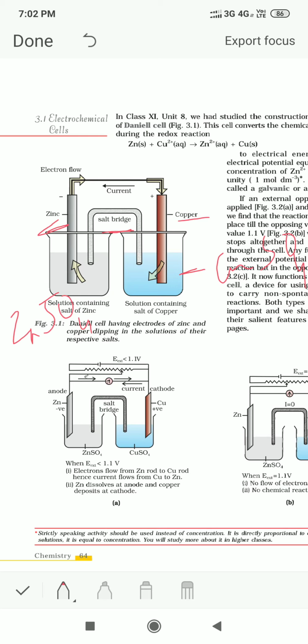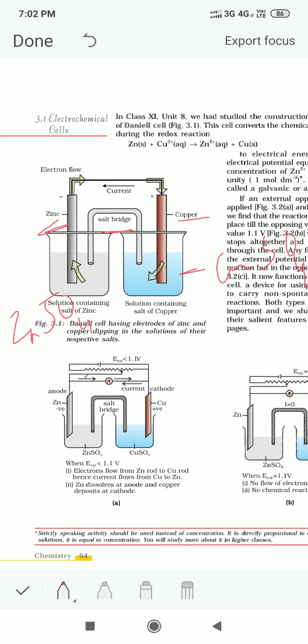Concentration of the zinc ions in the solution is increasing, whereas the concentration of the copper ions in the solution of copper sulfate is decreasing. The blue color of copper sulfate is decreasing. Then the fifth observation is there is a current flowing.